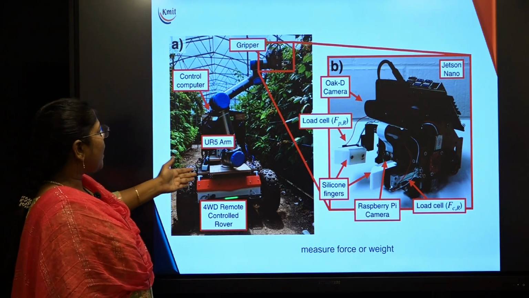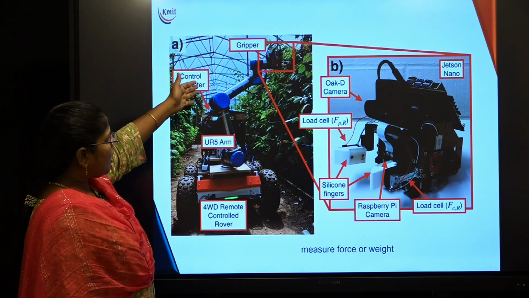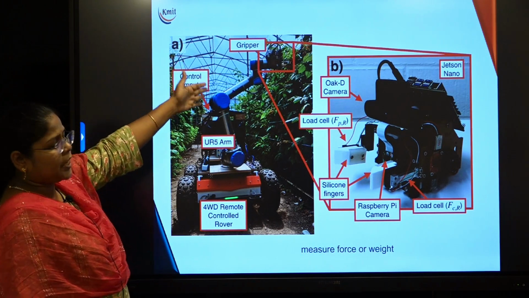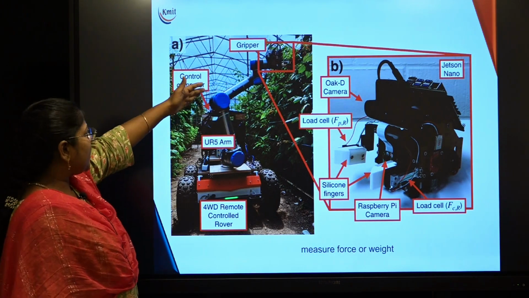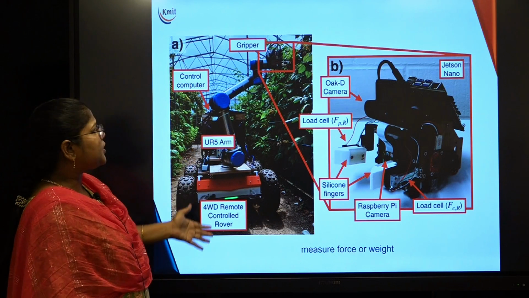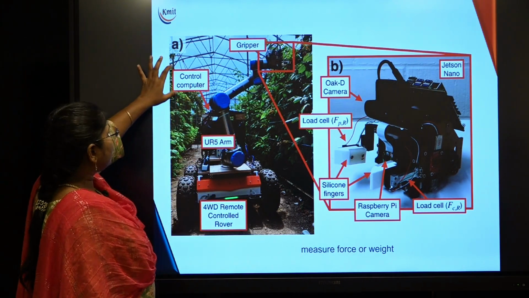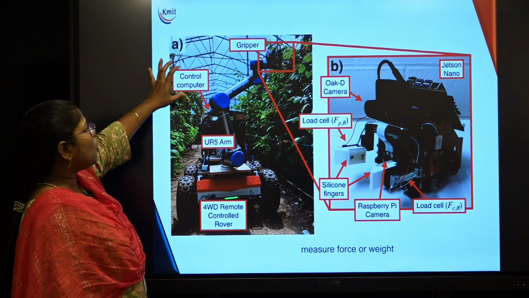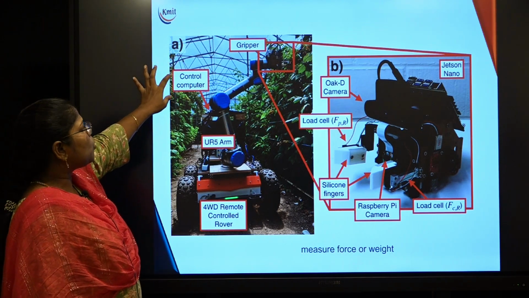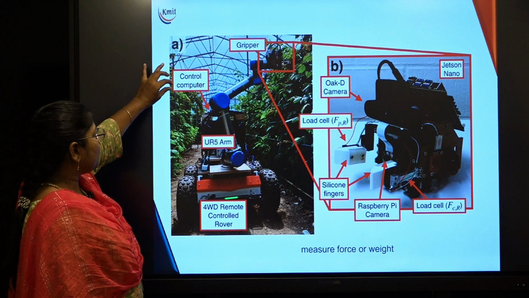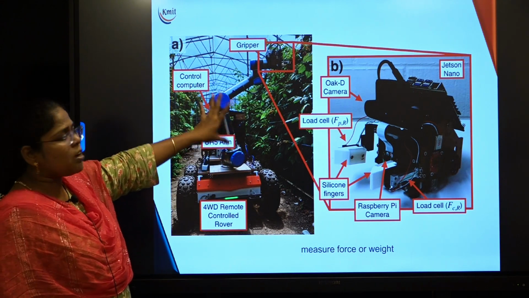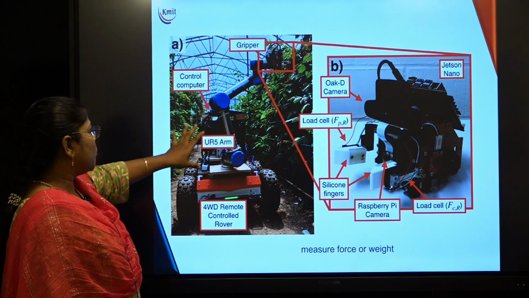Here we have one more, a fruit plucking robo. There we need a mechanical system which can pluck the fruit. Here we have a computer control, based on which we can operate the robot.